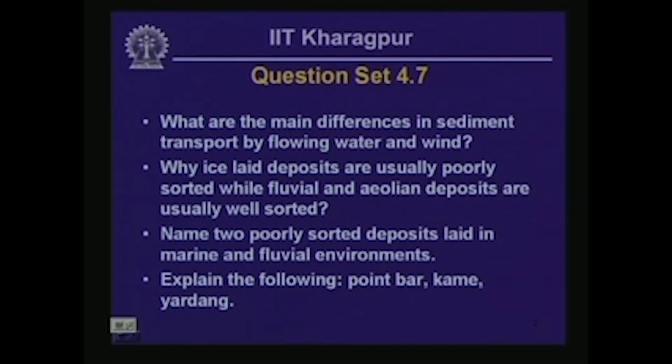The second question that was asked was, why are ice laid deposits usually poorly sorted while fluvial and aeolian deposits are usually well sorted?